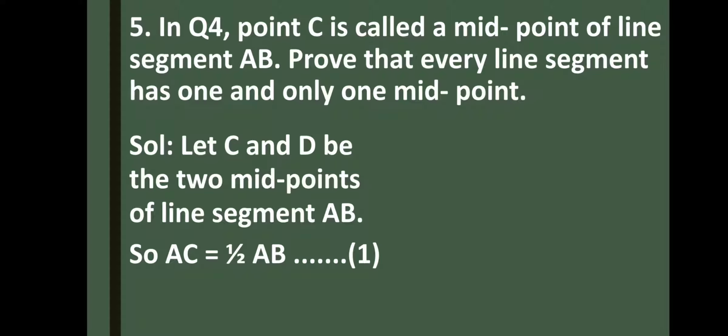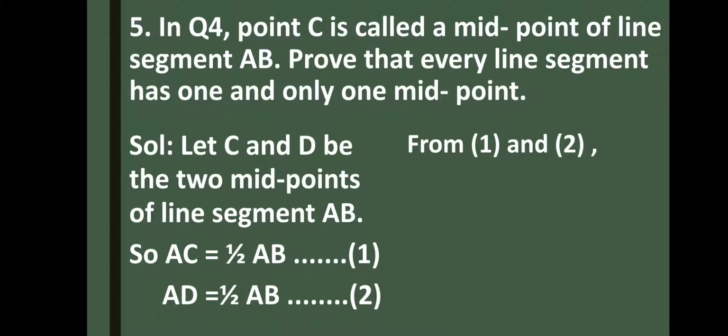So we have proved it in the previous question, that is question number 4, that from a midpoint the two parts are equal and are equal to half of AB, that means half of a whole. For point D, we may write AD is equal to half of AB, because both are the midpoint of the given segment AB.